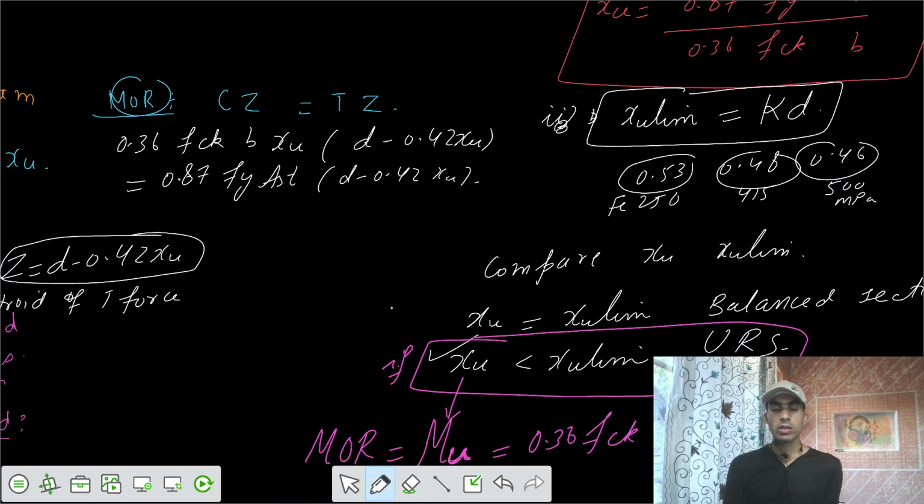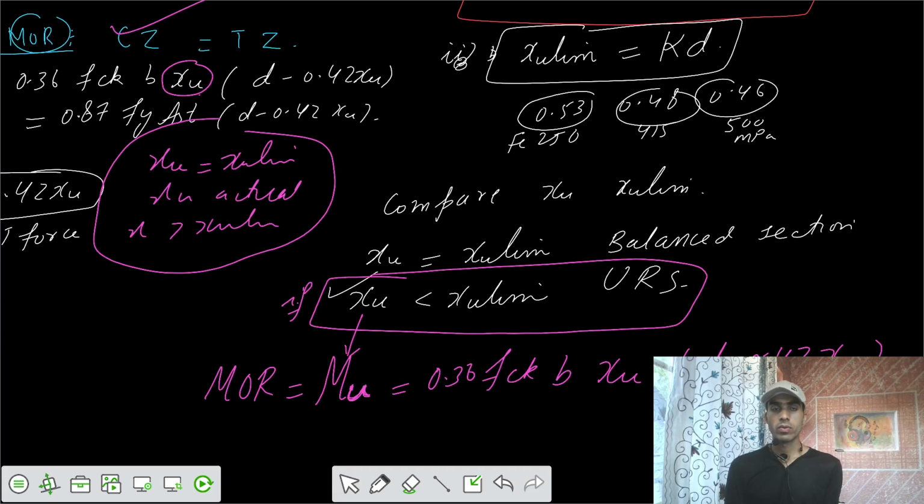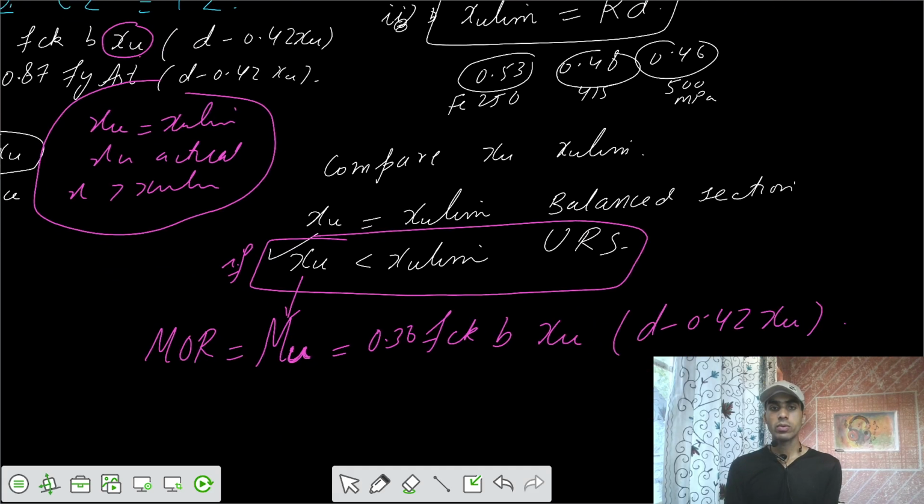Here we have a concern. From this equation we have the concern of Xu: whether we should keep Xu equal to Xu limiting, whether we should take Xu actual, or whether we should take Xu greater than Xu limiting. This is what we are discussing. So for the value of Xu, we have different variations.